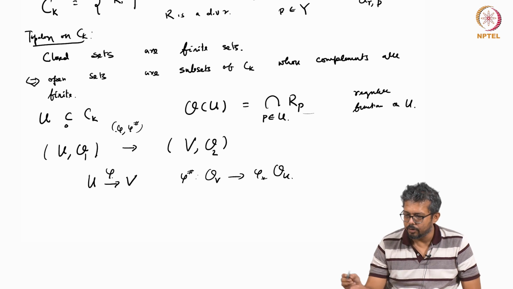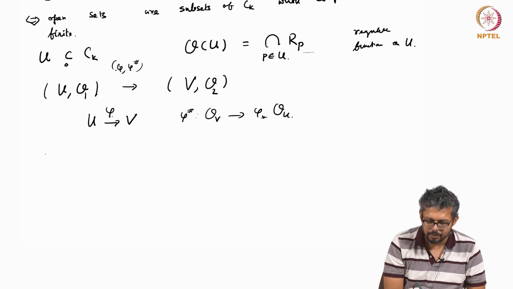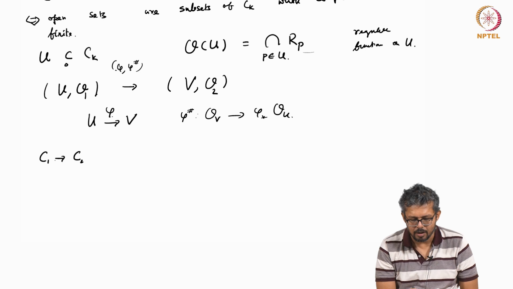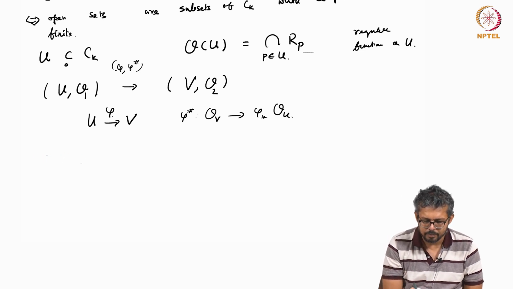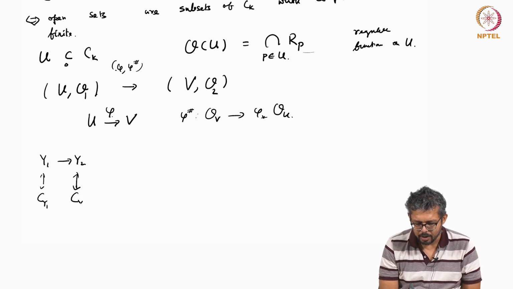You can check that if you have a map from Y1 to Y2 in the usual sense of non-singular curves, then to Y1 you can associate an abstract non-singular curve, call it C_{Y1}, and similarly C_{Y2}.